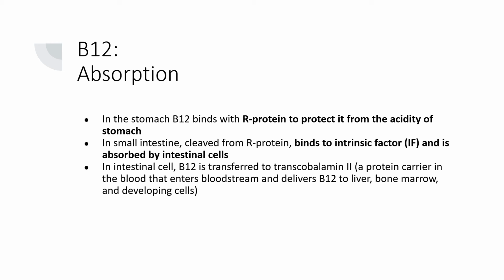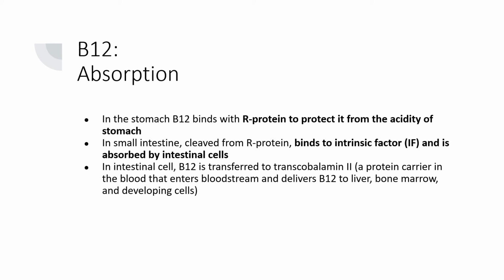So for someone who's making an inadequate amount of intrinsic factor, B12 absorption is going to be hindered. And once inside the intestinal cell, B12 is then transferred to a molecule called transcobalamin 2, which is a carrier molecule.